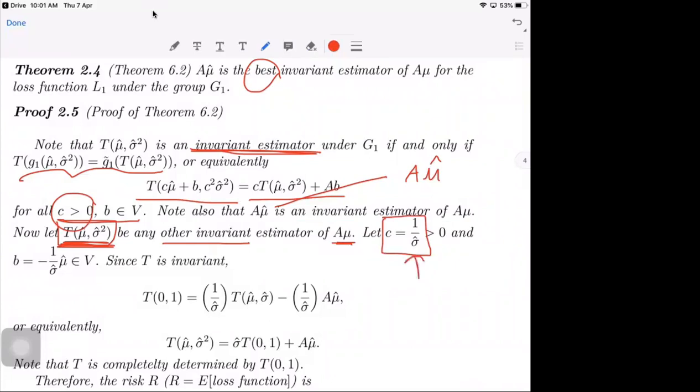The choice of this is predetermined or arbitrary as long as this is greater than 0. This value is chosen to simplify things. And you have B here, the one that is added in your estimator, to be negative 1 over sigma hat square, 1 over sigma hat times mu hat.